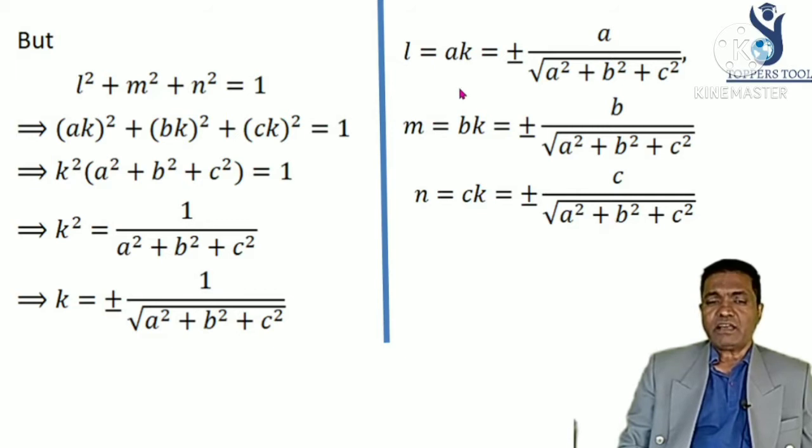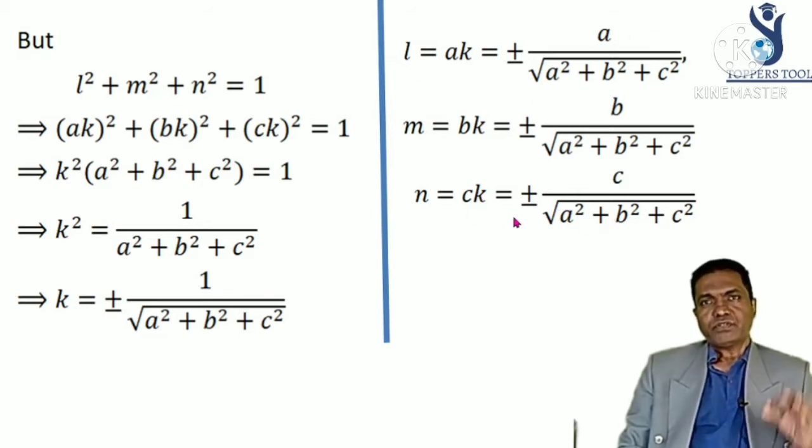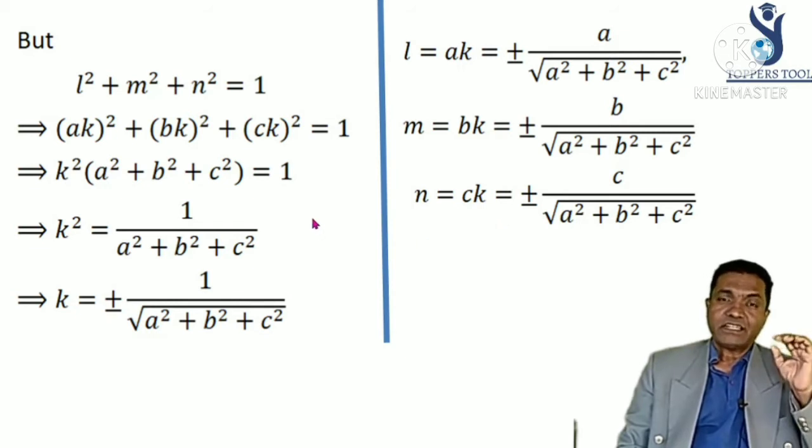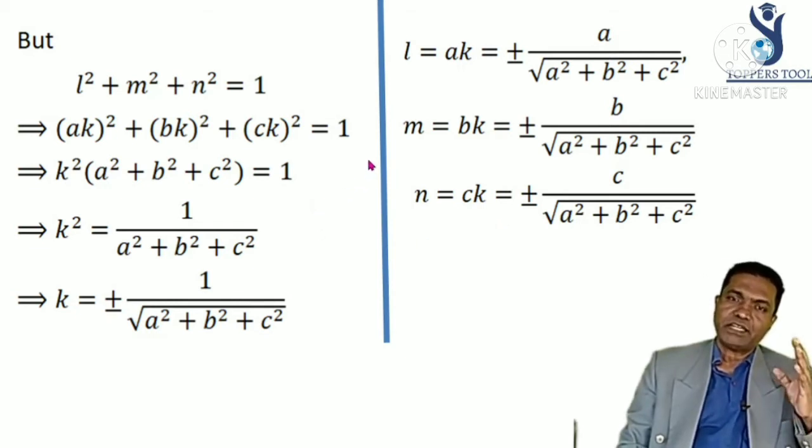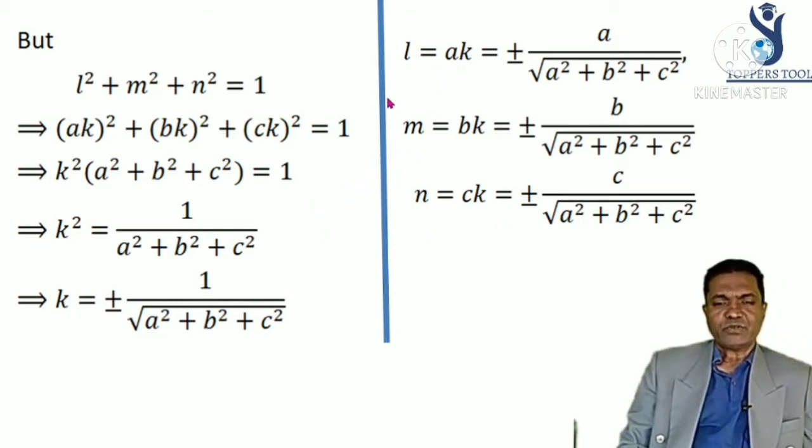These are the direction cosines in terms of direction ratios. So if you know the direction ratios of any line, you can calculate the direction cosines using this formula, taking either the positive or negative sign.